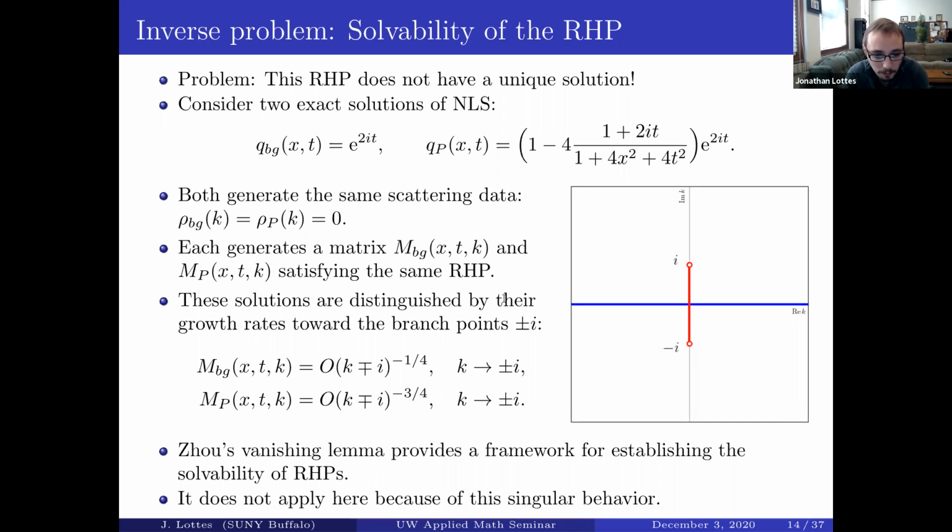That's where we see the difference between these two solutions. Oftentimes, Zhou's vanishing lemma is used to give a framework for proving the solvability of Riemann-Hilbert problems like these. But in the one that we formulated here, it doesn't apply because of this singular behavior at the branch points.